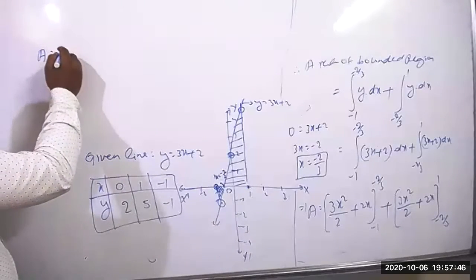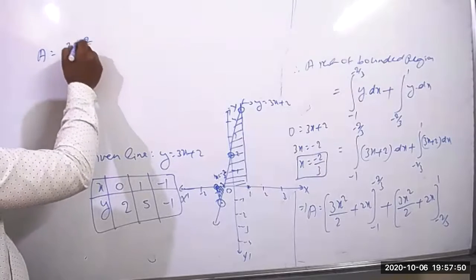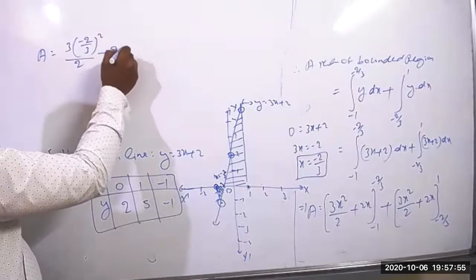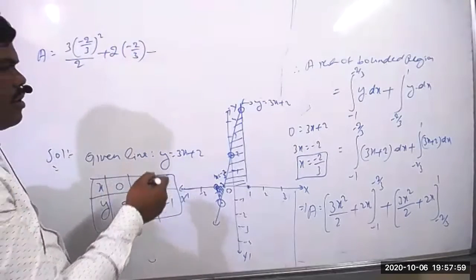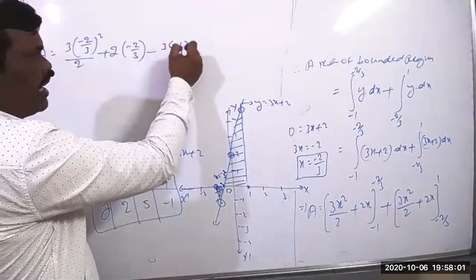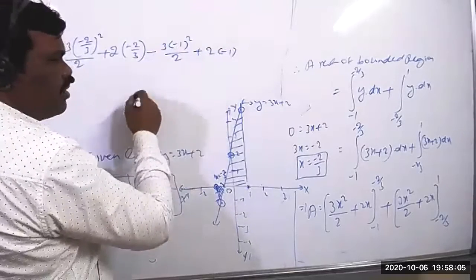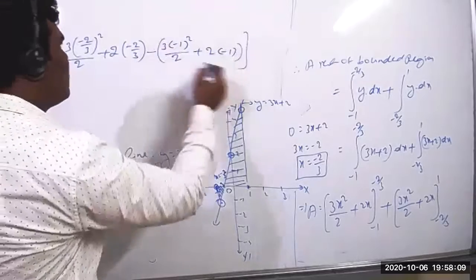So area equals upper limit minus lower limit: 3 into minus 2 by 3 whole square by 2 plus 2 into minus 2 by 3, minus of, substituting minus 1, 3 into minus 1 whole square by 2 plus 2 into minus 1. For this one you can put the bracket, which is more important.